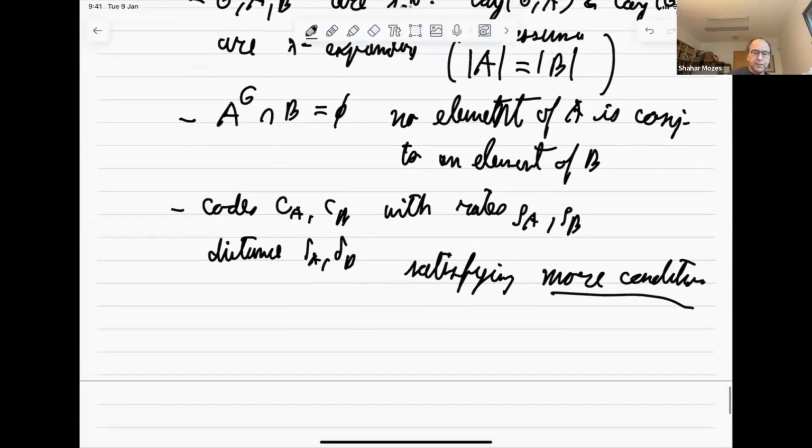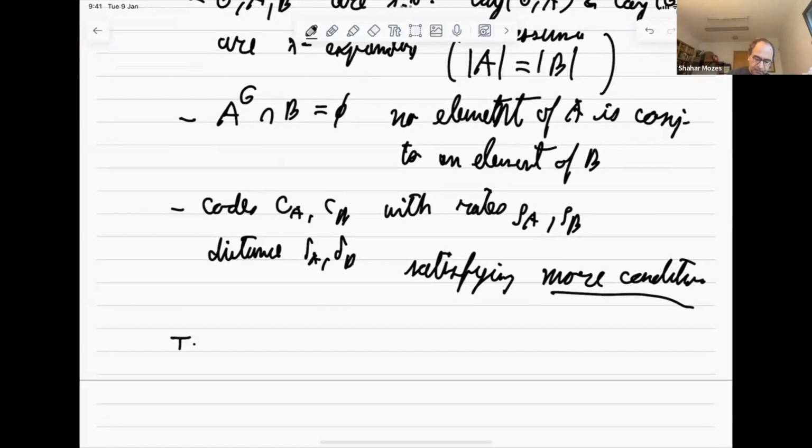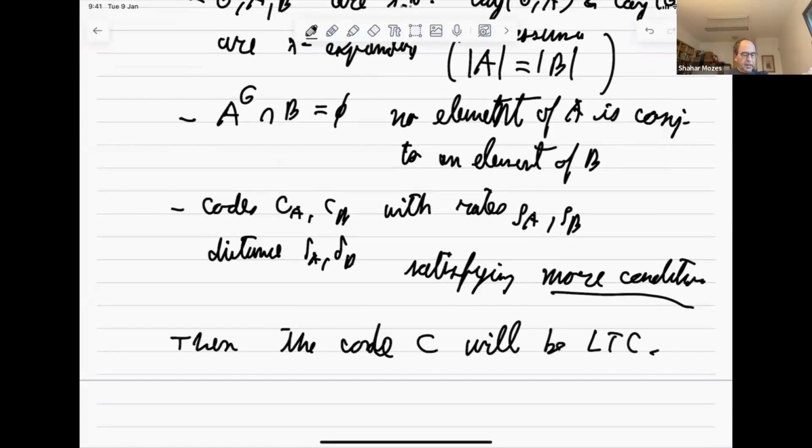And then you can show that the code C will be a locally testable code.